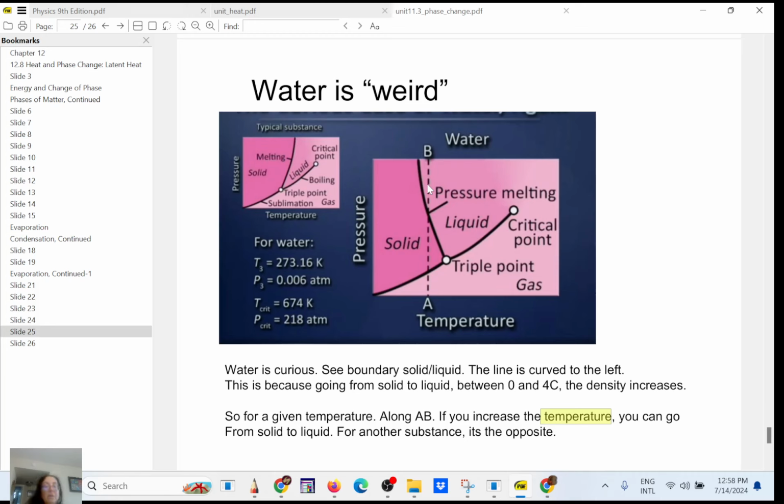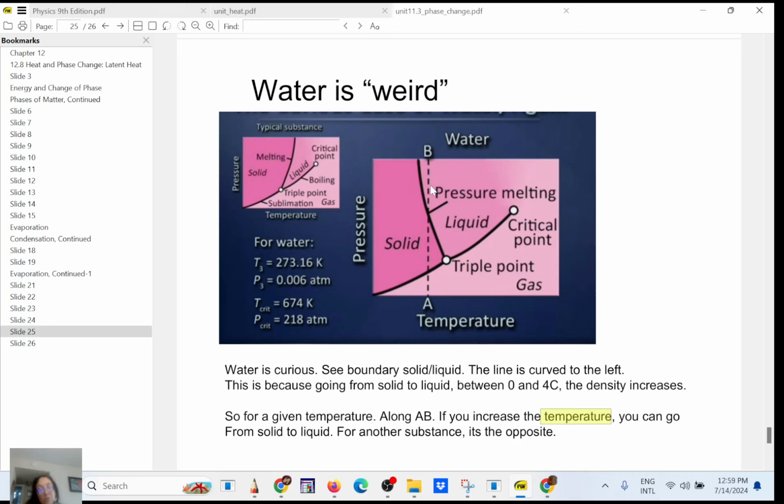When you increase the pressure, it should be the opposite, right? You can go from liquid here to solid by squeezing, okay? But the opposite is weird, and that's what water is doing, okay? So you can go from solid to liquid by increasing the pressure.